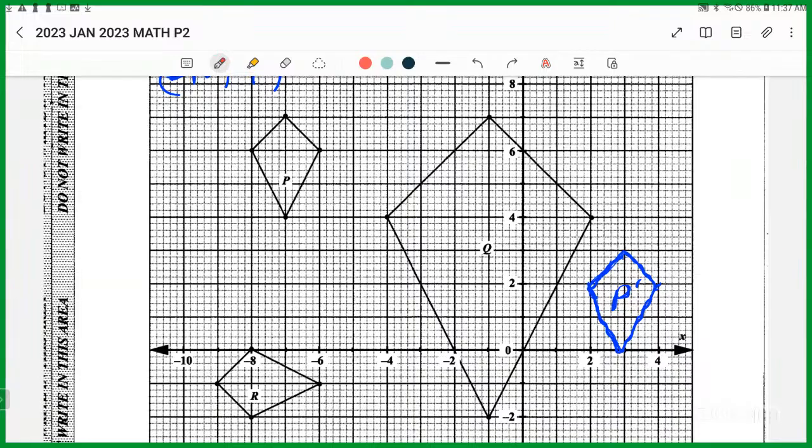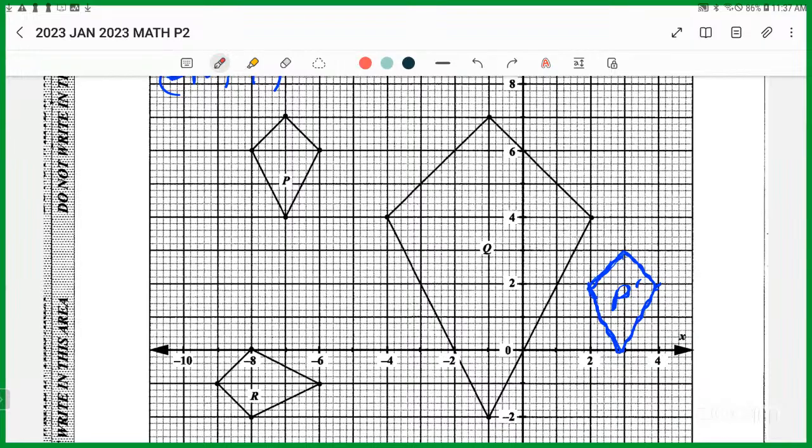So I've slowed down what I've said. You can listen back to the video and listen to it carefully. It is at the point of intersection of 2 perpendicular bisectors of the lines joining corresponding points.